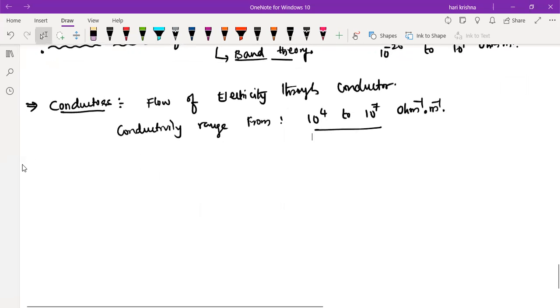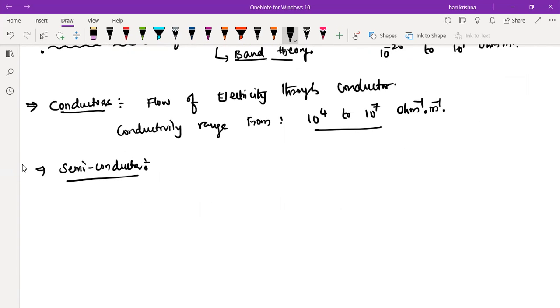The next one is the semiconductors. This will have conductivity less than the conductors but greater than the insulators, so which will also allow the partial flow of electricity. So it will have the conductivity range from 10 power minus 6 to 10 power 4 ohm inverse meter inverse.